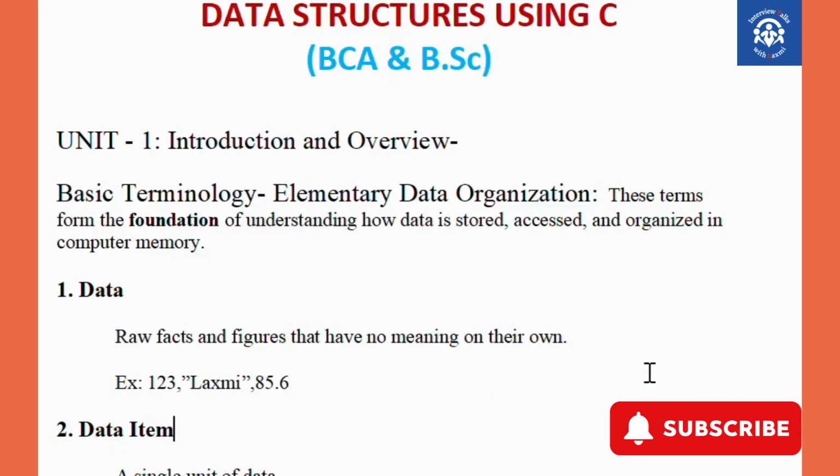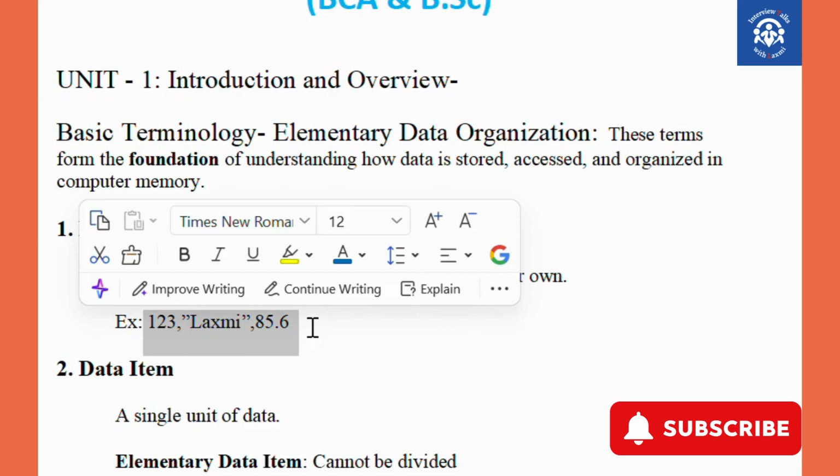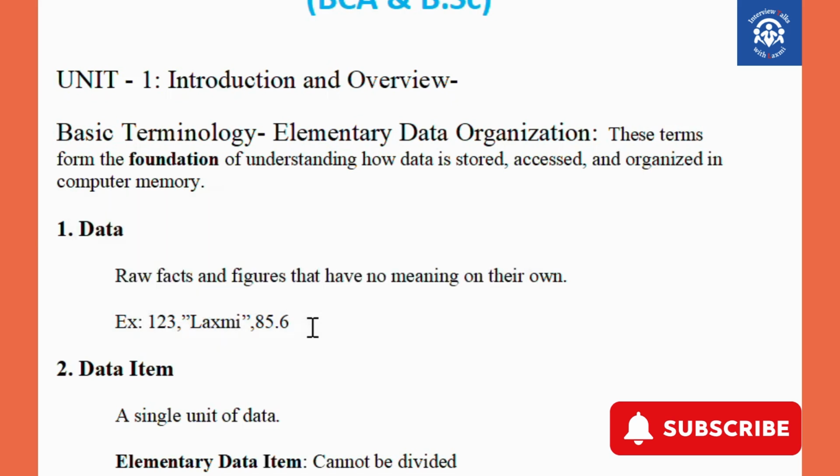What did you understand from this data? Nothing, you couldn't understand, because I did not give any name. I just mentioned a number here, a name here, and some number here.